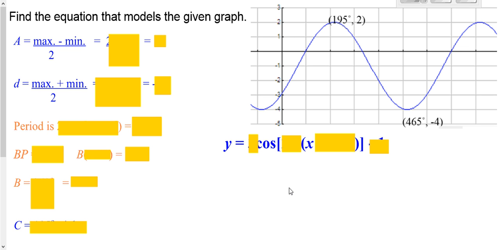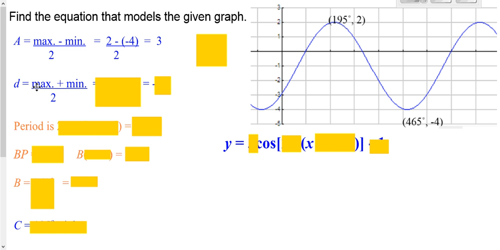So we have our graph, goes up to a height of 2, down to the depth of -4. So we're going to do our max minus min divided by 2 to find our A, which is our amplitude. So our max is 2 minus a -4, so we end up getting 3 after we divide.